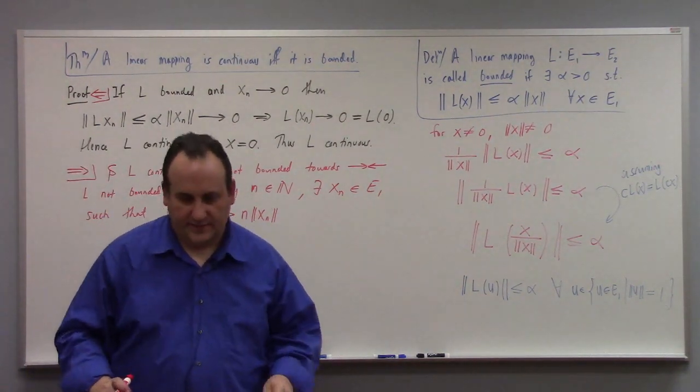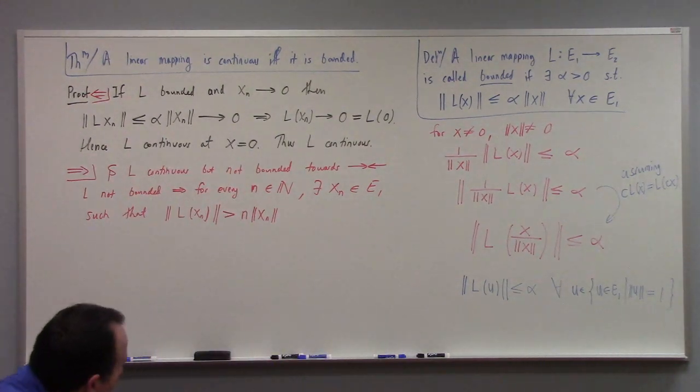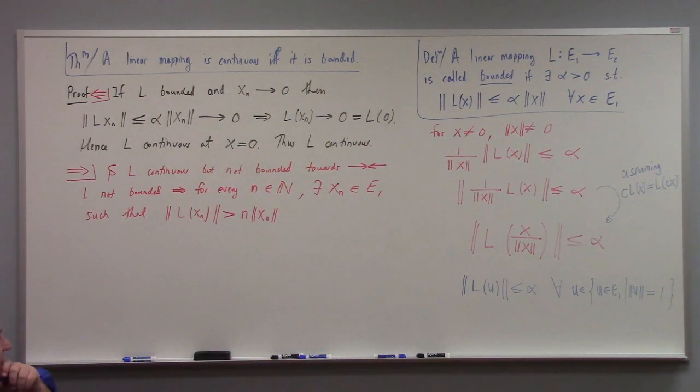let's see here. Let me just sit down here for a second and look at it. So I suppose if it wasn't the case that you could do this, then you could prove it was bounded.